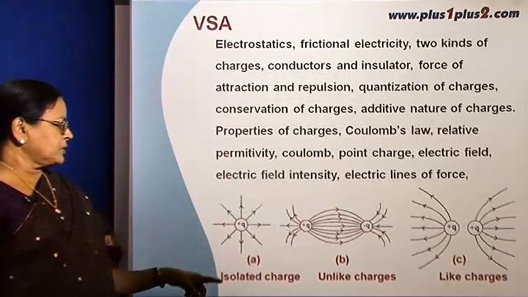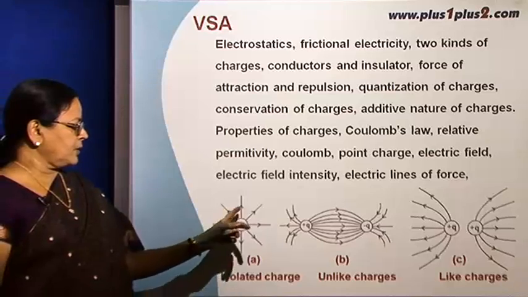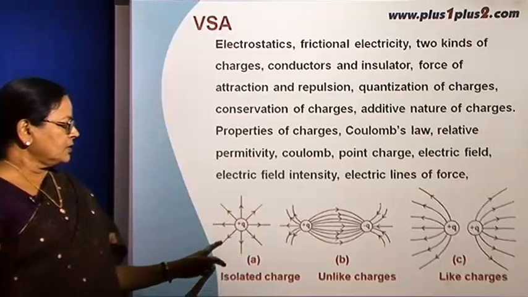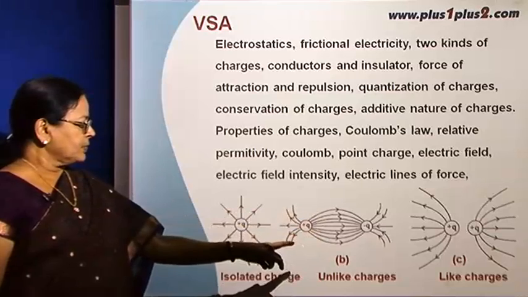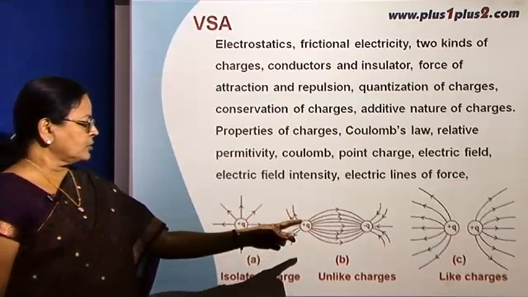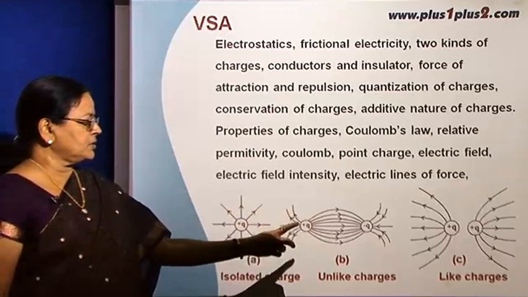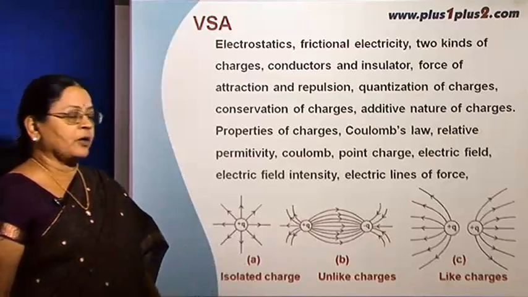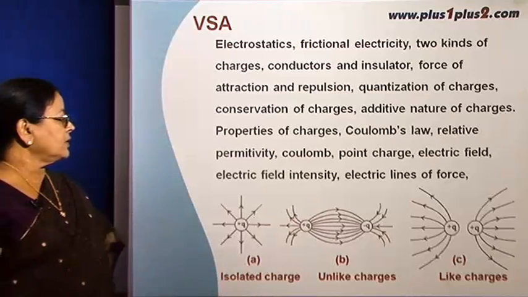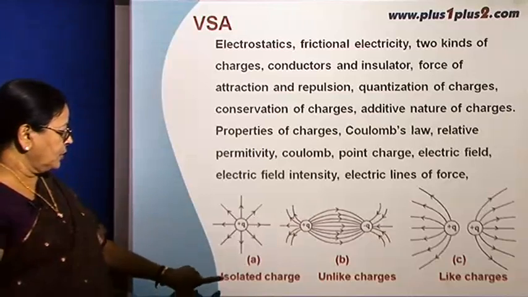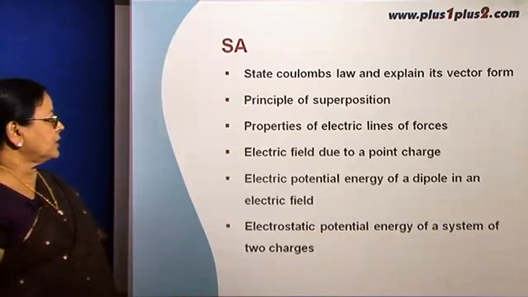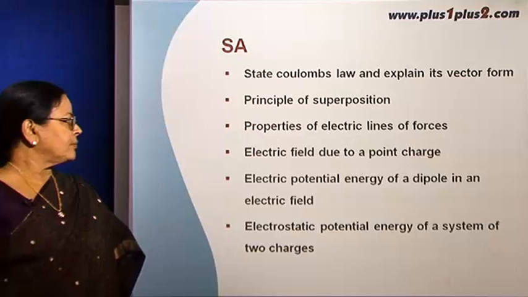That is, the lines of force emanate from positive charges and converge to negative charges. This is the type of field between a positive and a negative charge, and that is between two positive charges. So when you are giving the properties of lines of force, you have to illustrate by the diagram.